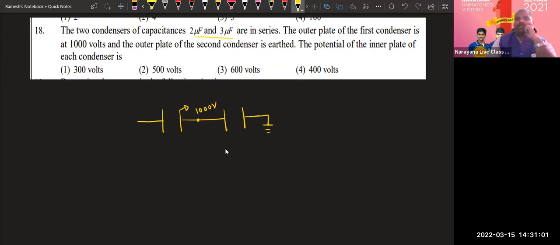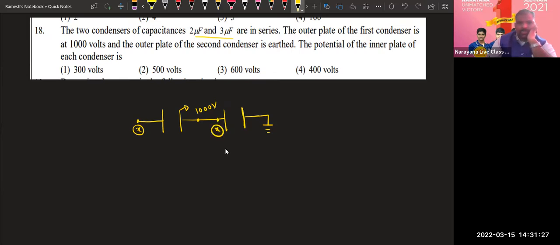Then what is the potential of the inner plate of each condenser? The potential of the inner plate of each condenser is the same only. I will assume this is X volt, and this is also X volt.